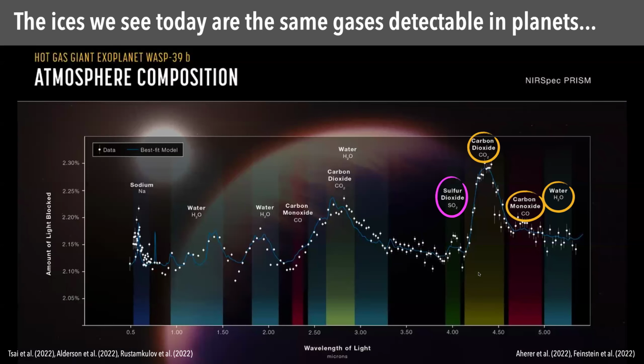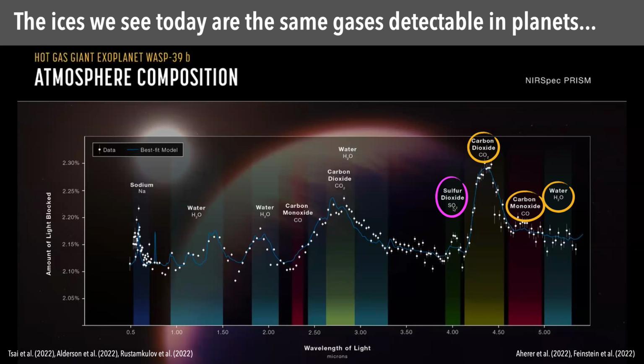So just to emphasize again the connection between the elements that we see here and the atmospheres of planets outside of our solar system, this is another JWST result from one of the exoplanet teams, and you can see they're detecting gas phase molecules that are the same molecules that we detect in the ices.